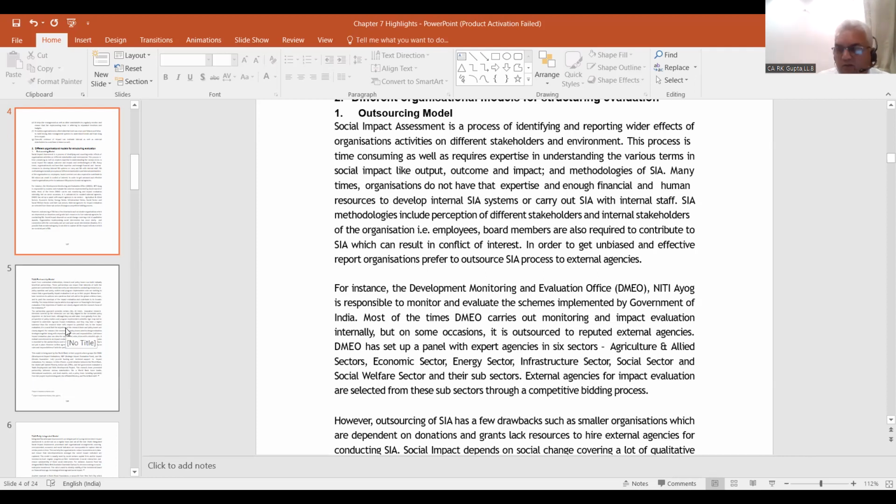Suppose in Gujarat, what they have done is they have covered rivers with solar panels. So the solar panels keep the water cool, and solar energy is also generated. And the water is not contaminated or polluted, because it is covered. So that way it could be done. So many other things.